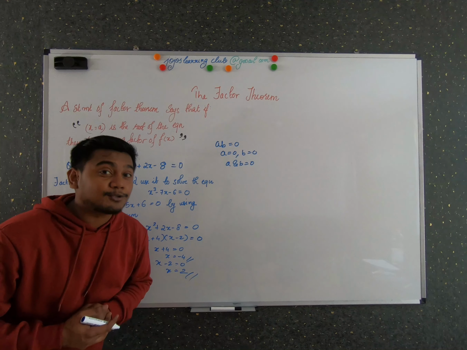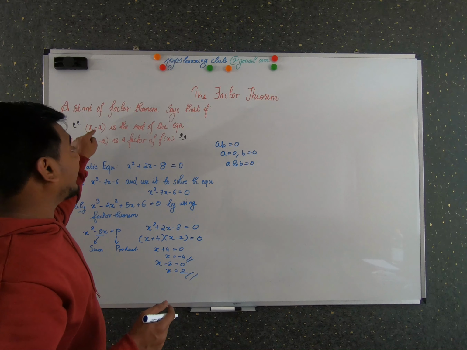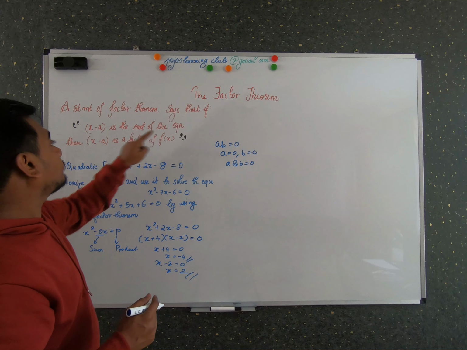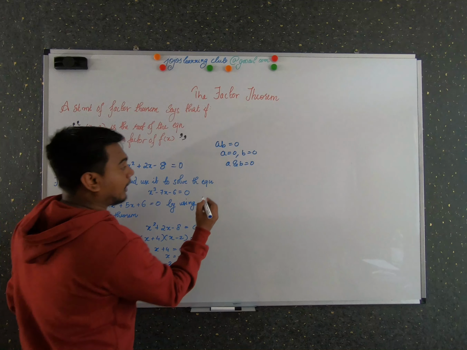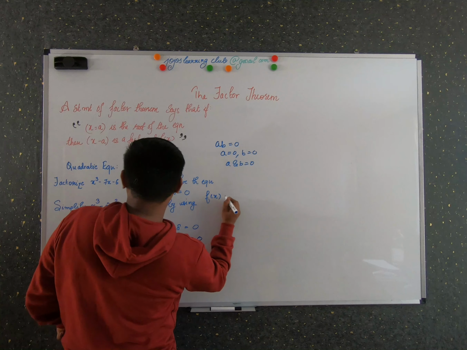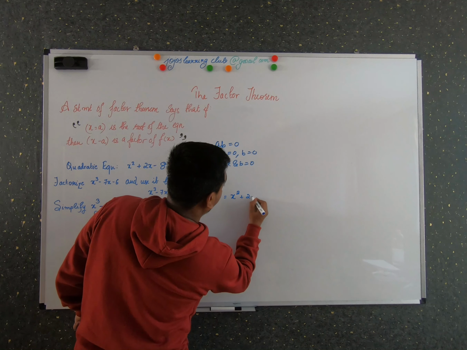And now let's come back to the factor theorem. So what does the factor theorem say? When x is equal to a is a root of the equation, then x minus a is a factor of f of x. Here f of x is equal to x square plus 2x minus 8.